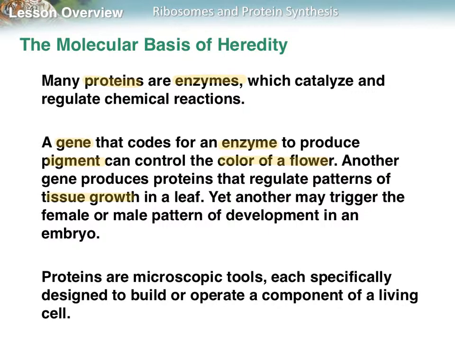Another gene may control another protein enzyme that could trigger the male or female pattern of development in an embryo. Really, proteins are microscopic tools, each one specifically designed to build or operate a component of a living cell.